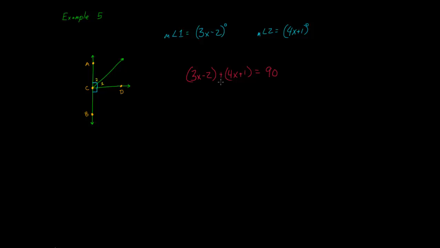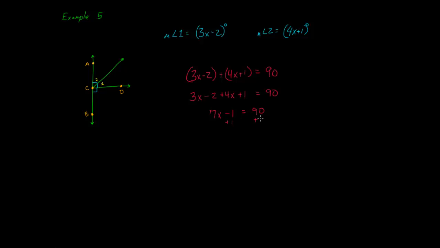We have a plus sign in front of parentheses. We can go ahead and take that out. So 3x minus 2 plus 4x plus 1 equals 90. Alright, combine our like terms. You will be left with 7x minus 1 equals 90.